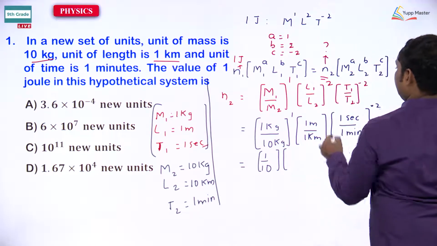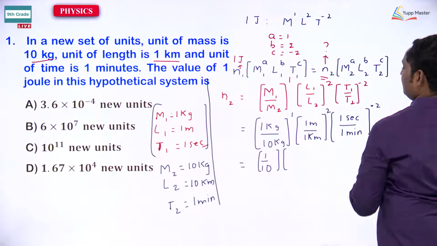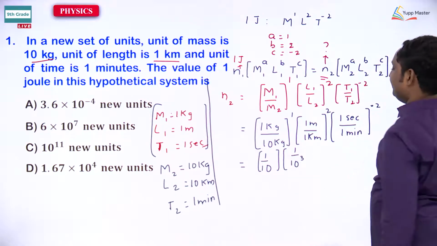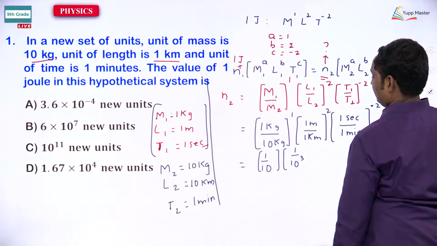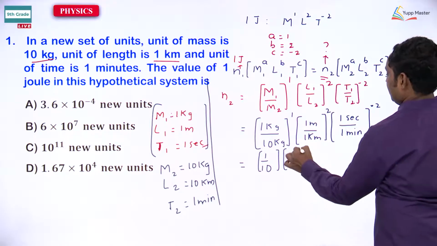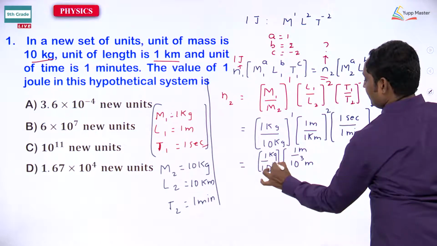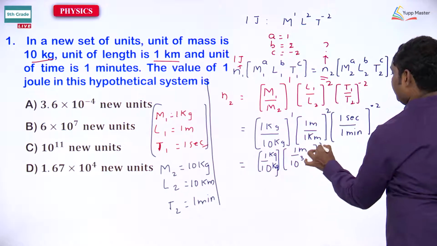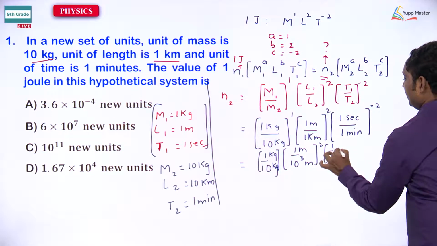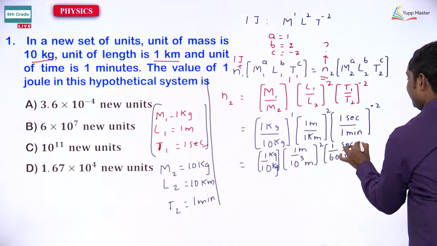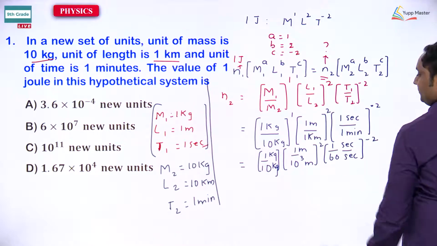Here it is going to be power 2, 1 by 10 power 3 meter, kg, just we have to write once, power 2, that is 1 by 60 second by second, just we have taken power minus 2.